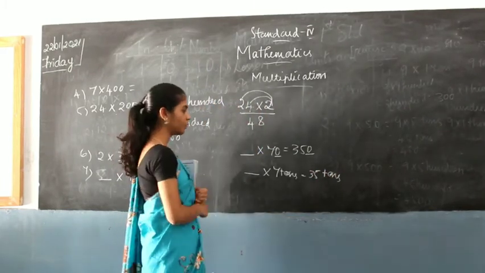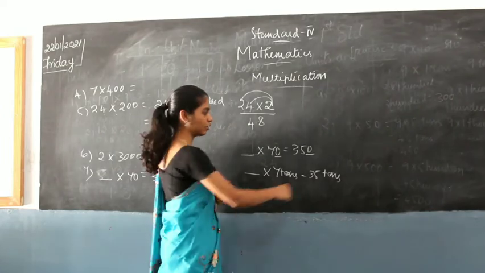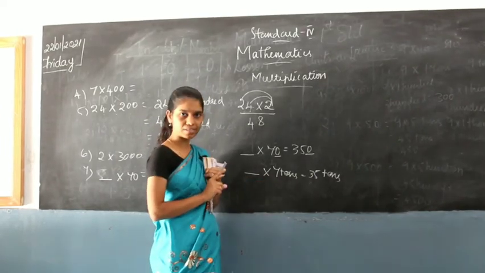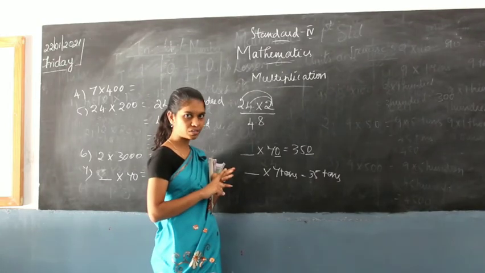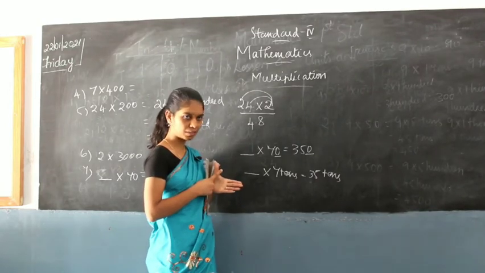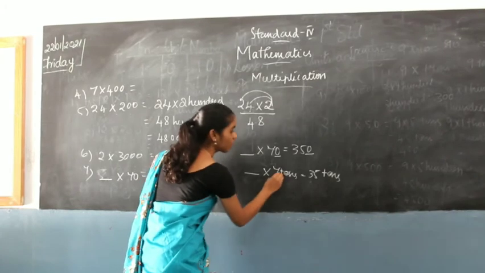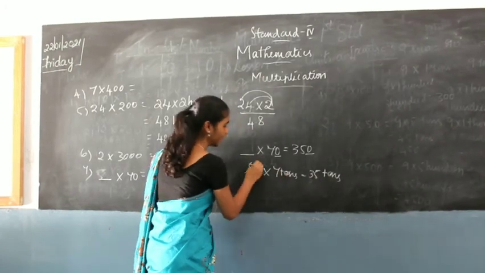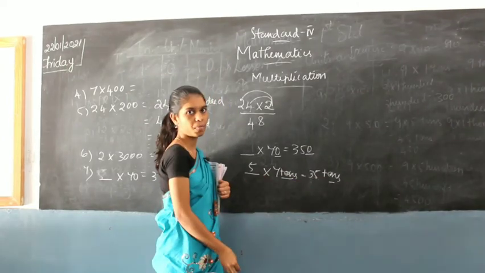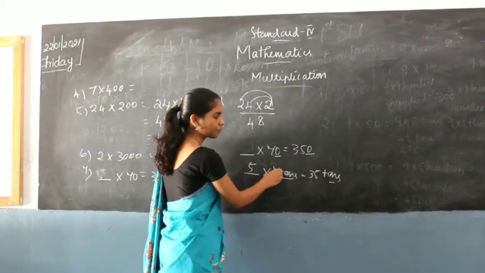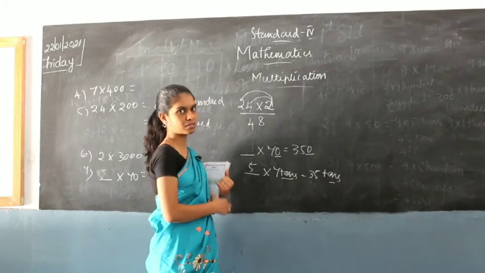Okay, so now you have to tell 7 tables so that you will get 35 tens. 7 ones are 7, 7 twos are 14, 7 threes are 21, 7 fours are 28, 7 fives are 35. So 7 into 5 gives you 35. Then tens you got here. So 7 into 5 will give you 35 tens. Understood?